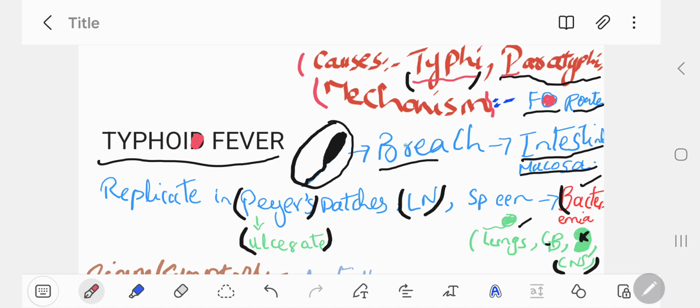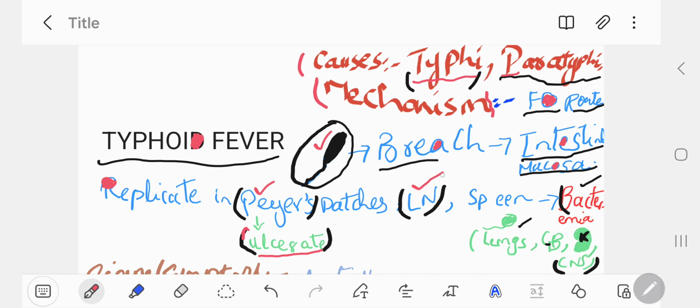When it enters the body through the fecal oral route, then the Salmonella typhi breaches the intestinal mucosa and enters the Peyer's patches. In the Peyer's patches, it replicates and it may sometimes cause ulceration of the Peyer's patches.